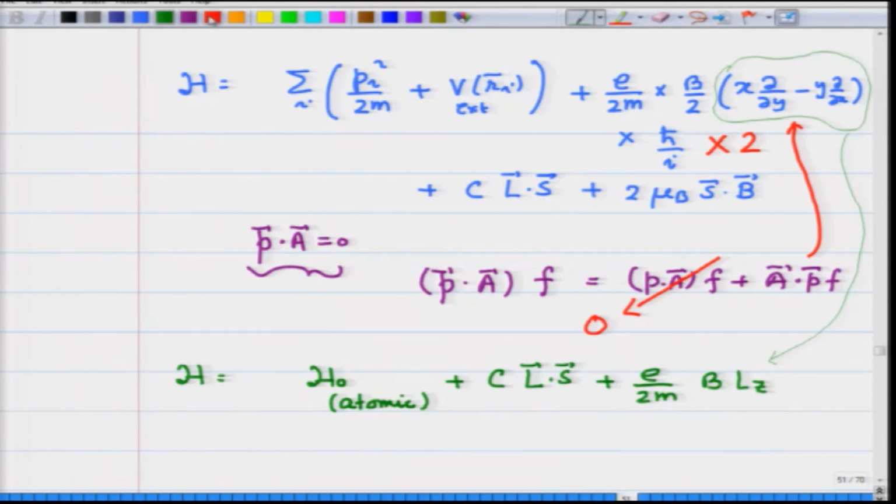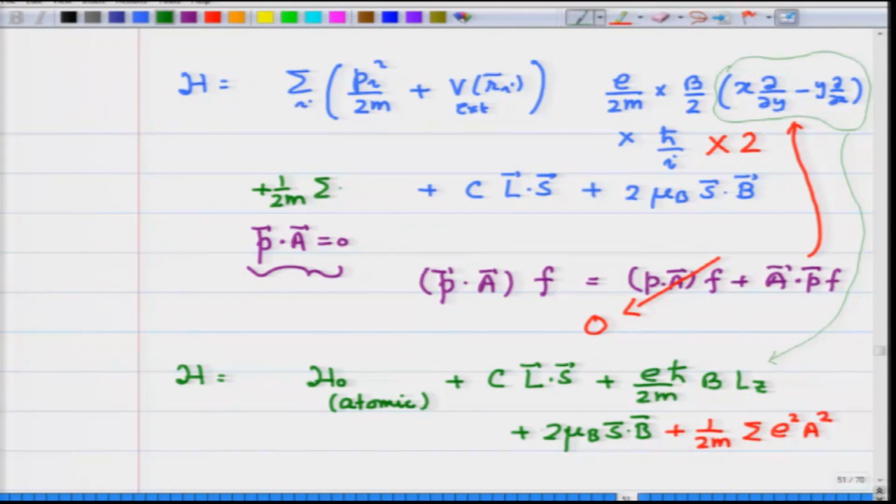That h cross I am going to write as I have been doing here, and L z will be only the differential operator, plus 2 mu B S dot B, and the final term that we had earlier was plus 1 over 2m summation e square A square. So, I should add this term here also.